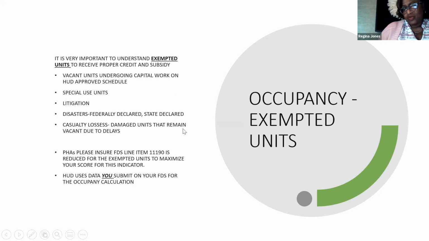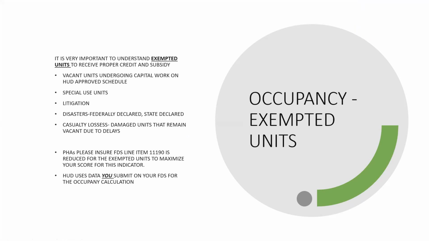Eva, did I state that correctly there? Yes, and I just put in the PIH notice 2011-7 as a reference for those exempted units. Okay, great. I just think that's important that you all make sure to cover that when you're looking at your MAS.